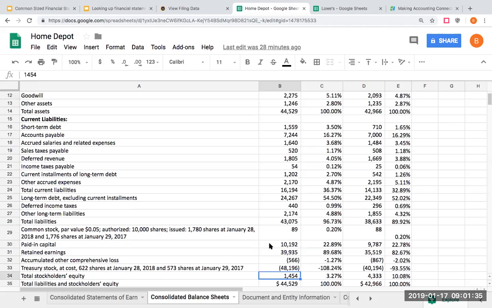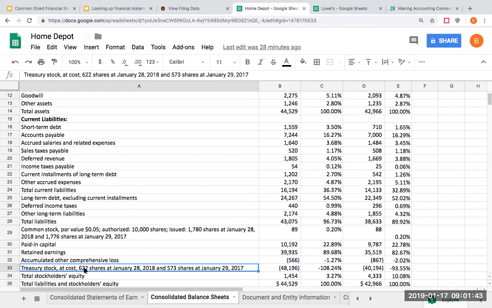The thing about Home Depot, which makes it a very interesting company, is they have literally been swallowing themselves for the last several years. This is what we call treasury stock. What is treasury stock? Treasury stock is when I go out and repurchase my own shares.